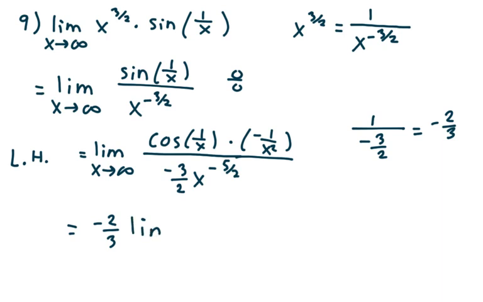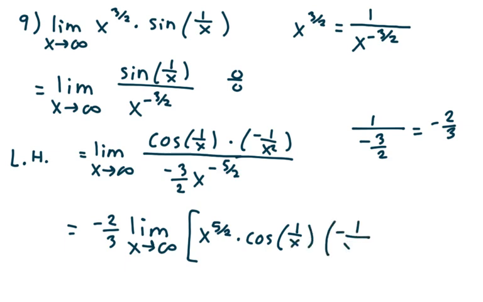And I'm going to multiply by the limit as x goes to infinity of, and in fact, we don't even need the fraction bar, so let's get rid of it. I'm going to have x to the 5 halves times cosine of 1 over x times negative 1 over x squared. Now, a negative times a negative is a positive, and so that's going to be 2/3.